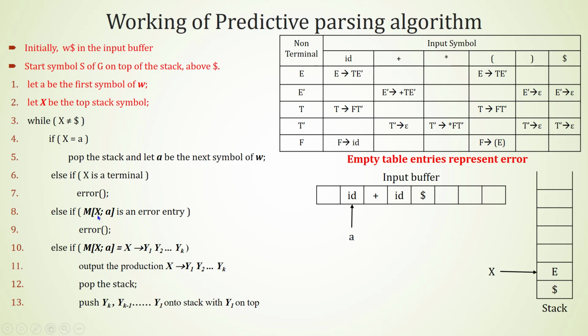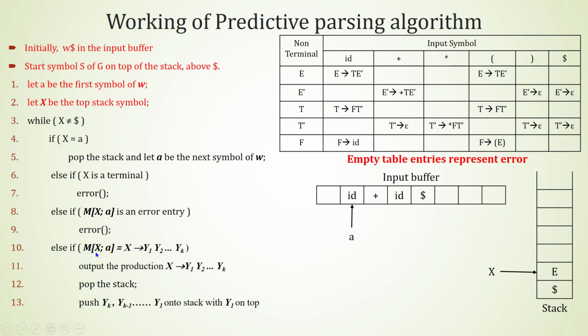Else if M[X, a] is an error entry. What is M[X, a]? Here X is E, a is id. So in each row you have to look at the column id. You have to check whether this entry is an error. Already discussed, in a parsing table, empty cells represent error entries. Empty table entries represent error. So this is not an error.